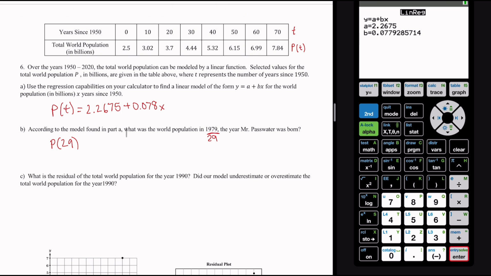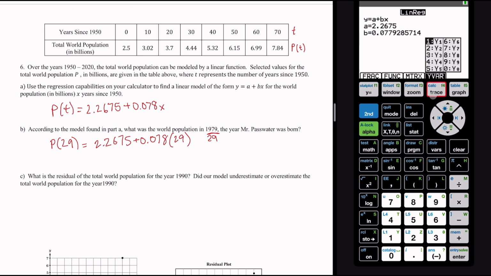You can plug in x for 29, so 2.2675 plus 0.078, and then plug in that x. You can do that if, I guess, calculators aren't allowed, but it should be since you used a calculator to get this equation, but I don't know.